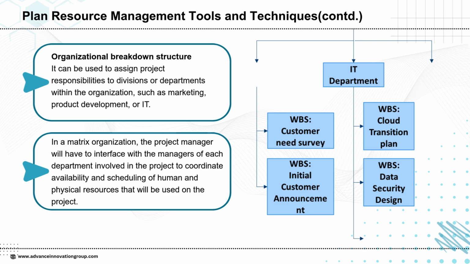In a matrix organization, the project manager must coordinate closely with the managers of each department involved. This coordination ensures that both human and physical resources are available when needed and that scheduling conflicts are minimized, helping the project run smoothly and efficiently.